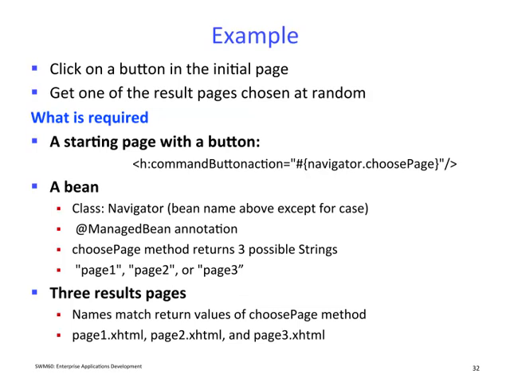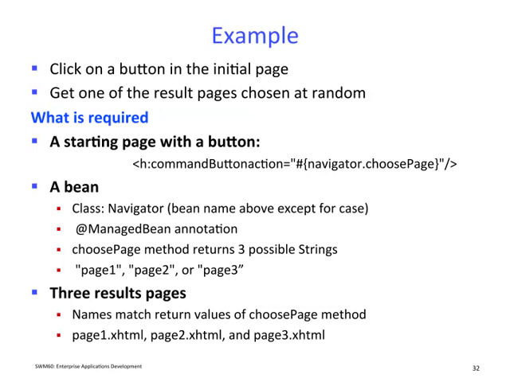The bean itself is navigator, specified as the managed bean with the annotation, and the choosePage method will return 3 possible options: page1, page2, or page3. So the resulting pages that the user will get navigated to will be page1.xhtml, page2.xhtml, or page3.xhtml.